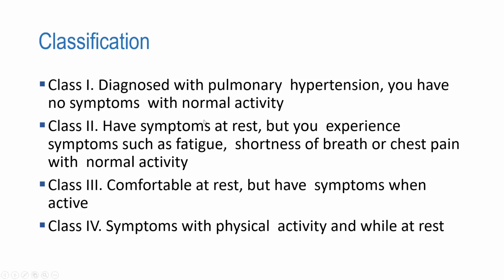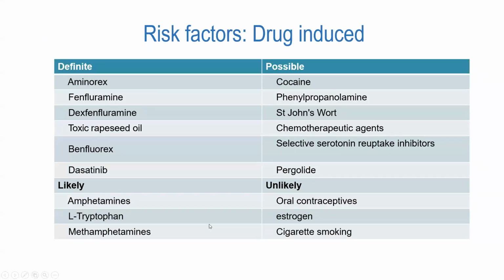So you've got symptoms at rest, those symptoms have some shortness of breath, but it gets much worse when you have activity. Class 3, you're comfortable at rest, but you always have symptoms when you're active. And class 4, you always have symptoms. And this is, of course, class 4, just like class 4 heart failure. Class 4 is the worst class. Okay. And again, no one's going to ask you to define those classes.